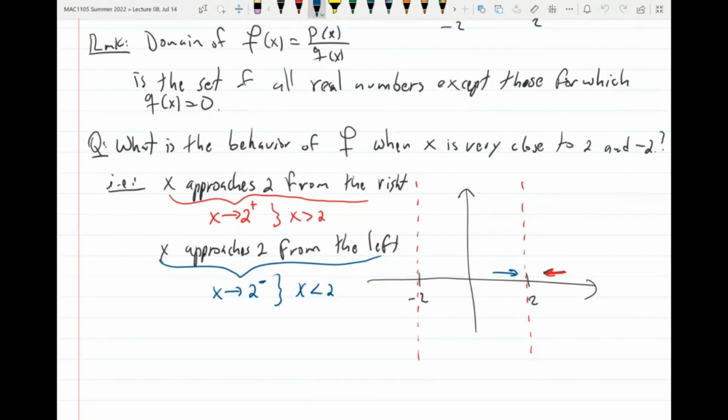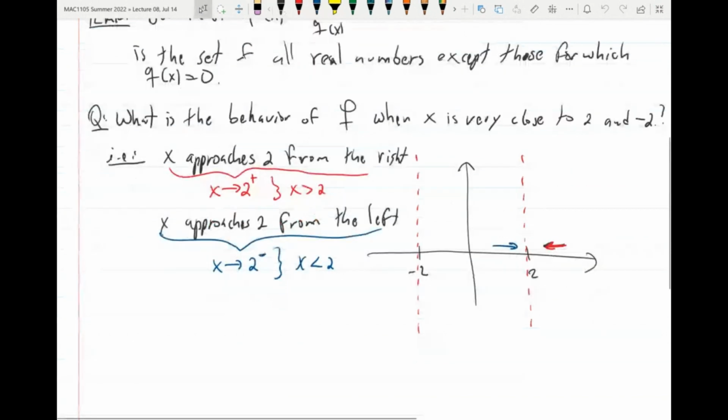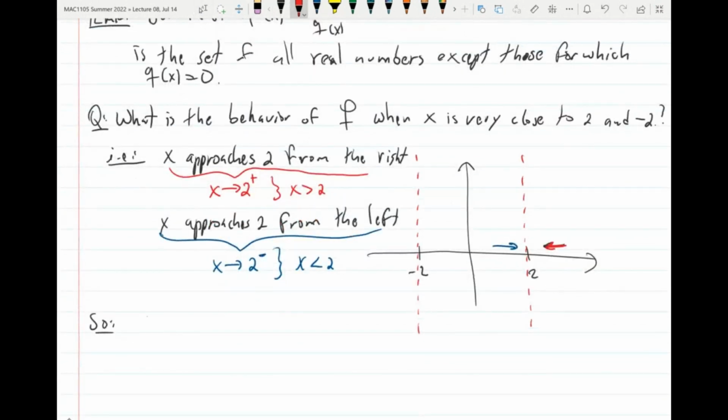So the question that we're asking is, when x is close to 2 from the right, what can we say about y? When x is close to 2 from the left, what can we say about y? Do you understand this?